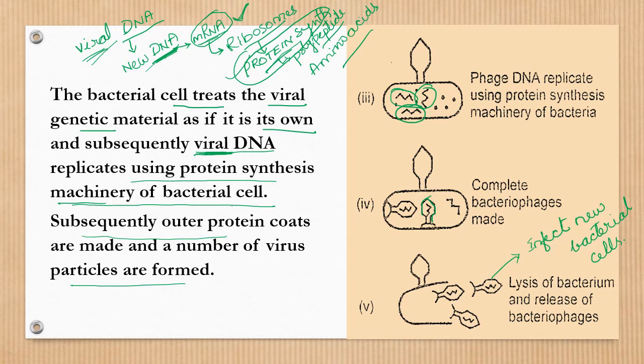So if a virus enters our body cells, it is the same. It injects its genetic material into our cells, and our cells' protein synthesis machinery is used by the virus. Finally, it makes our cells act as a virus because of the presence of viral genetic material. So this is the process of infection by a bacteriophage.